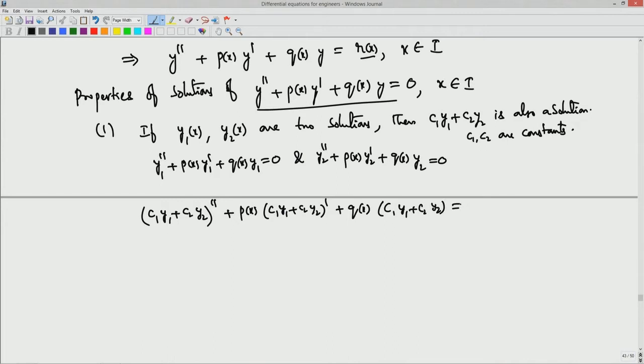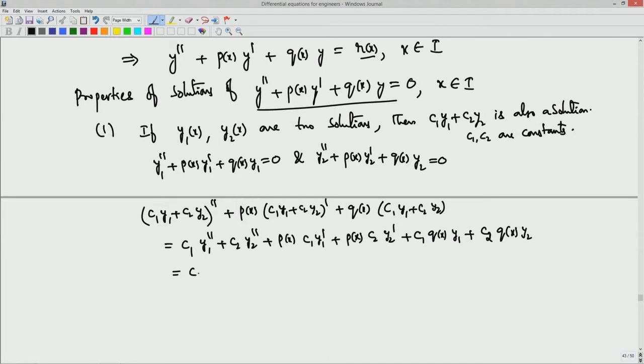Because c1 and c2 are constants, differentiating gives c1 y1 double dash plus c2 y2 double dash plus p x c1 y1 dash plus p x c2 y2 dash plus q x c1 y1 plus q x c2 y2. Taking the coefficient of c1 and the coefficient of c2, we get c1 times (y1 double dash plus p x y1 dash plus q x y1) plus c2 times (y2 double dash plus p x y2 dash plus q x y2).